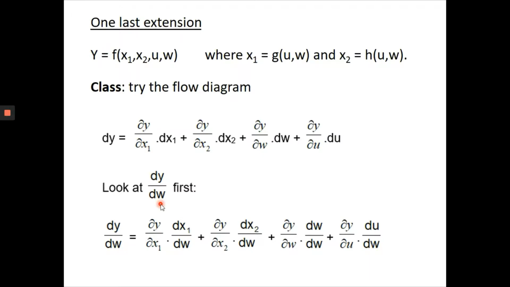So the relevant differential in that case that we need to divide both the left-hand side and the right-hand side by is dw, because that's what we're looking at here. So if we do so, we end up with dy over dw, and dividing through by dw on the right-hand side, we end up with this here.